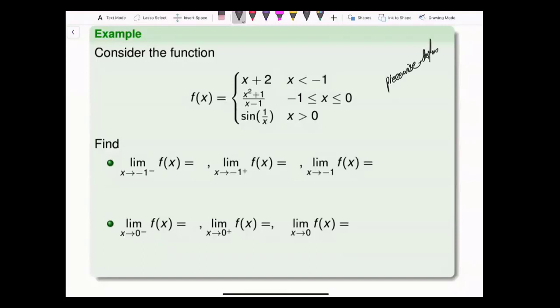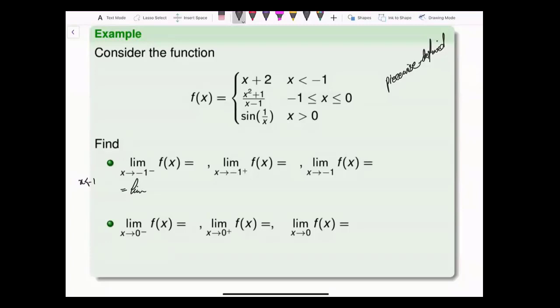And we are trying to find the limit of the function as x approaches -1 from the left and from the right. So here, what we do is, first of all, we are approaching -1 from the left. It means that we are only considering values of x close to -1, but smaller than -1.